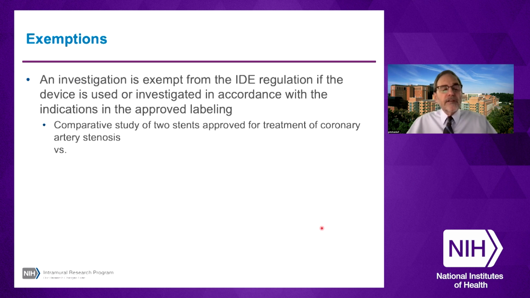Suppose a cardiologist wants to do a comparative study of two stents, both of which are approved for the treatment of coronary artery stenosis or a blockage. If they're both approved for the same thing, they're going to do a head-to-head comparison. The IRB rules would apply, and because it's a study, the cardiologist would have to have IRB approval, but it would be exempt from the IDE regulation because they're being used in accordance with its labeling, so with no safety and effectiveness issue to be evaluated.